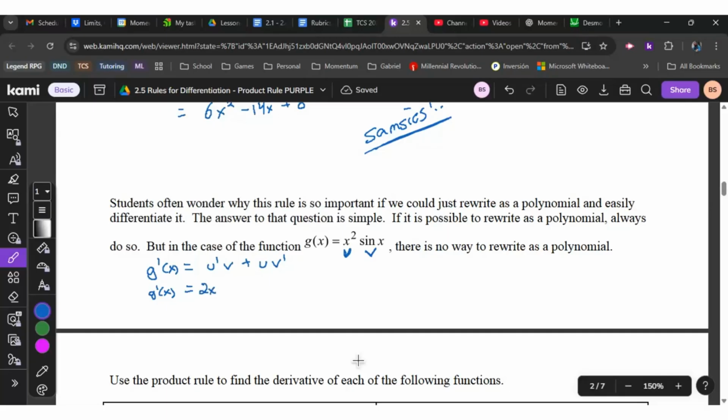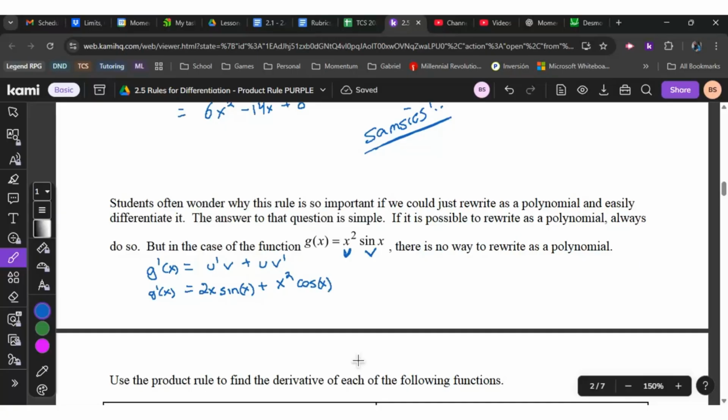The x goes from x squared to just x because we always subtract 1 from the exponent. Times V, meaning it stays the same, sine x, plus U, so that one stays the same. And then we have to remember what the derivative of sine is, which we did in the work. What was it? Exactly. Cos x. So the derivative of sine is cosine.